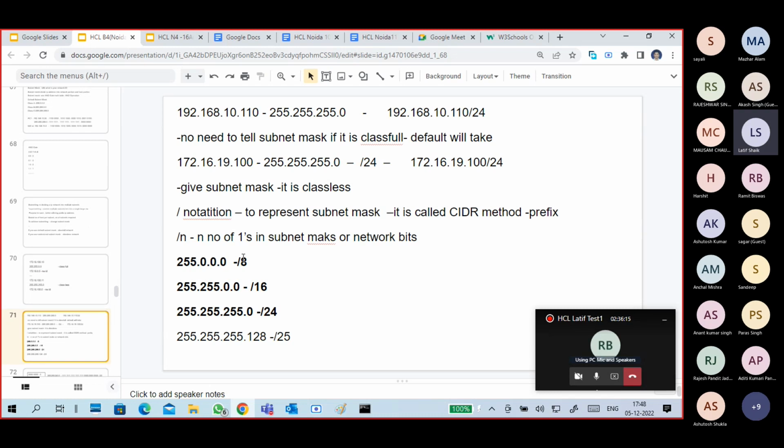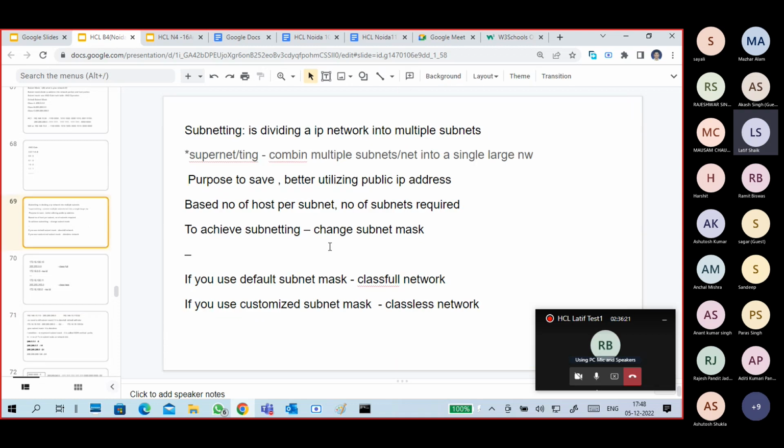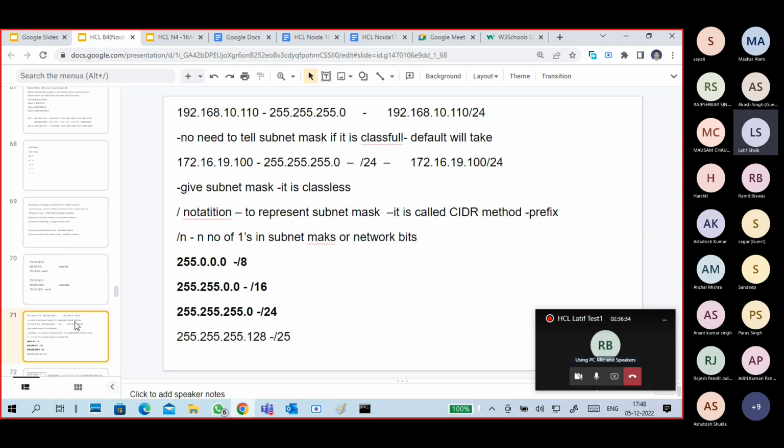So that's the point. So simple, guys. What is subnetting? Subnetting is a method or a process to divide a large network into small networks. So how to do subnetting? By changing the subnet mask. Very simple. Don't go to more than that.